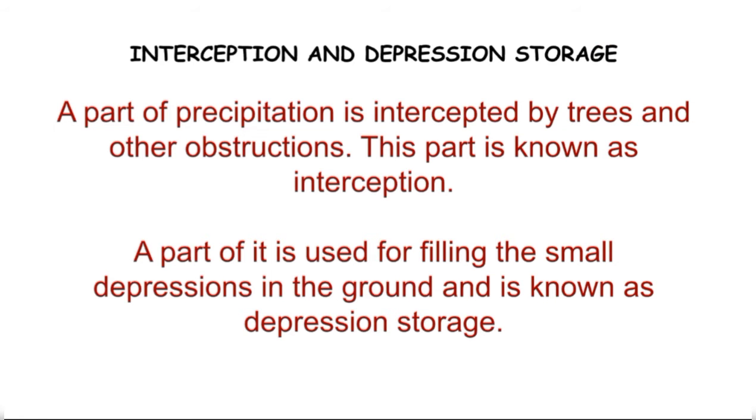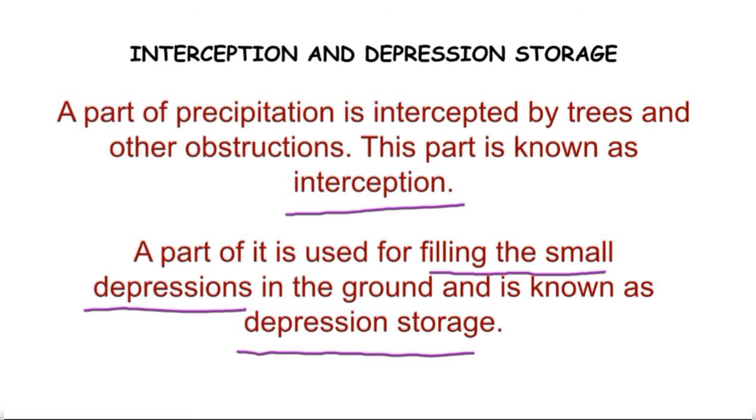So, the part of the precipitation that is intercepted by trees and other obstructions is known as interception. And a part of precipitation used for filling the small depressions in the ground is known as depression storage.